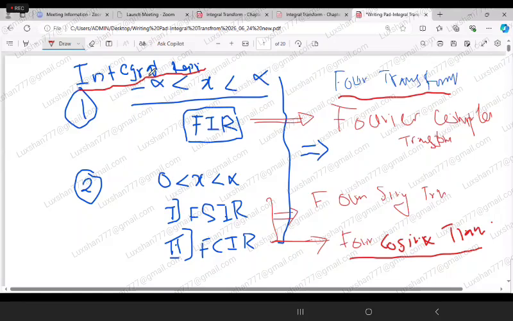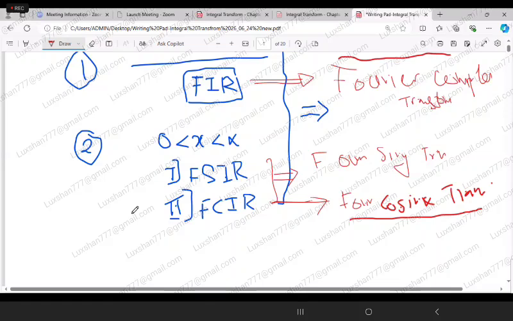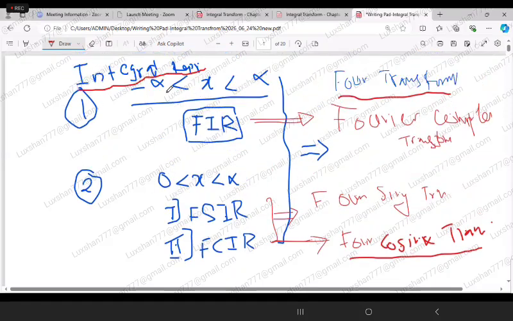Now if you look at the range of x, here it is minus infinity to plus infinity, and here it is 0 to infinity. So in both cases the range is infinite.